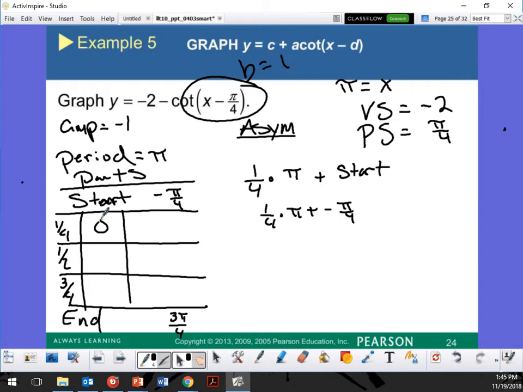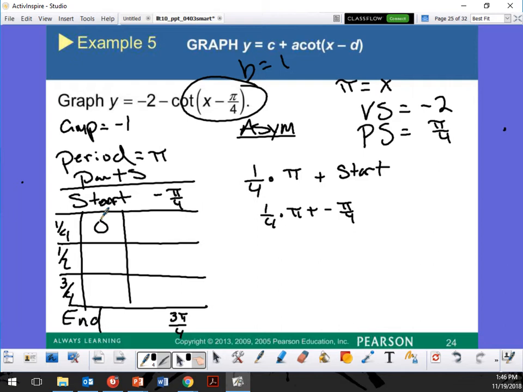What am I doing for the next one? Look for an x value. Which piece am I looking for? Did I find 1/4? Is there a value already for 1/4? Look at the table.